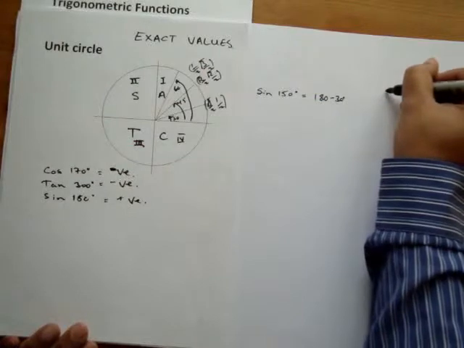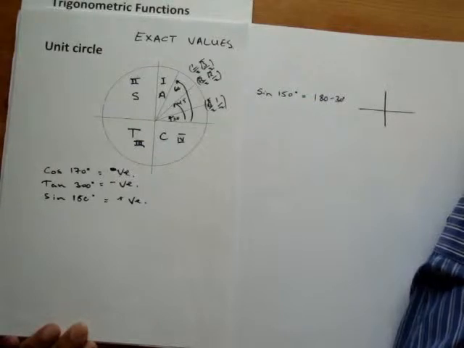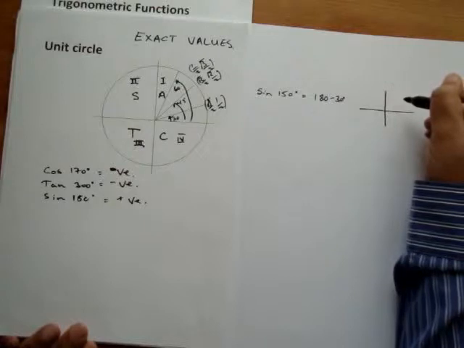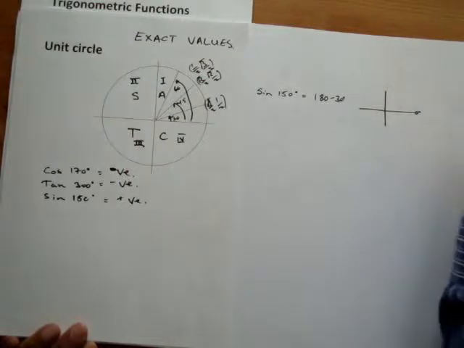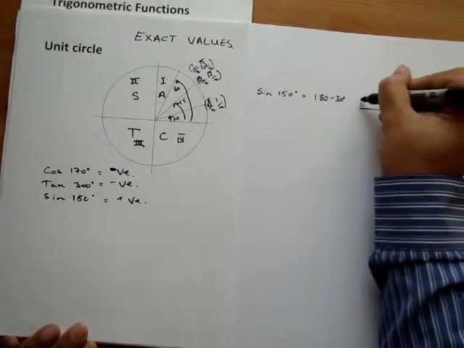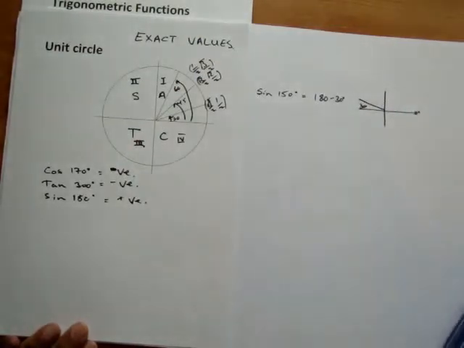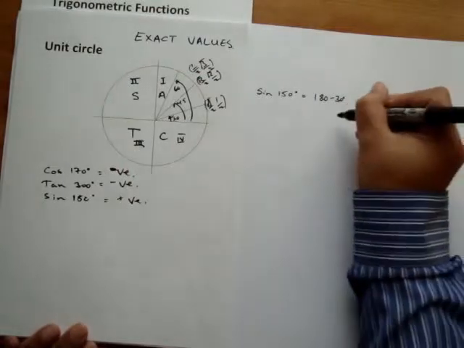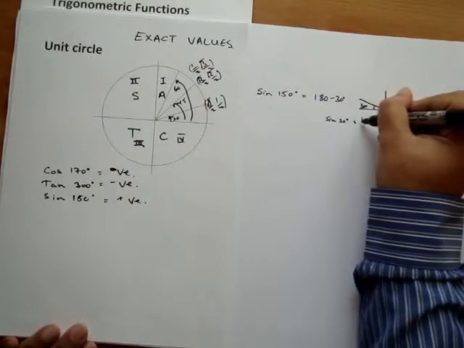So what we try to do is draw a little diagram with our 4 quadrants in, and then try to make our angle an acute angle. So 180, so this would be 0, 180 minus 30 would be here, so this would be our 30 degrees. And then the sine of 30 is a half.